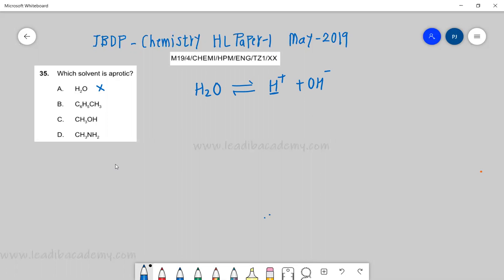Let's look into this C6H5CH3. Interesting. This is nothing but toluene. Let me show it differently. This is how it is, CH3 on the ring. This is toluene. Can it donate a proton?